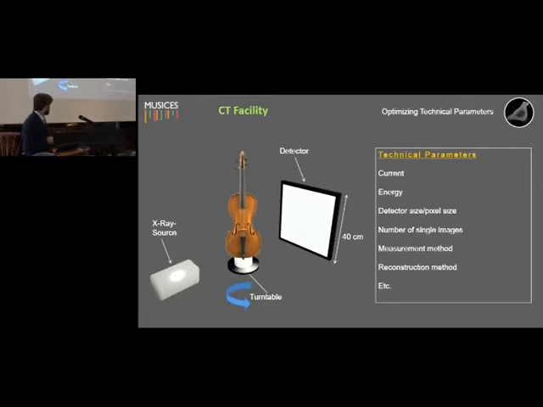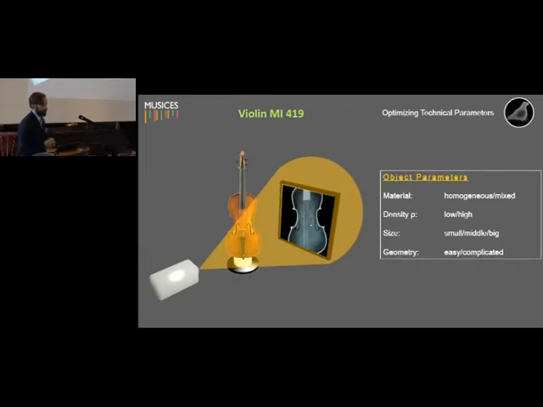At the end we have to reconstruct all these pictures. We have 1,600 pictures, and we have to reconstruct them to a 3D data set, and there we can use different algorithms.